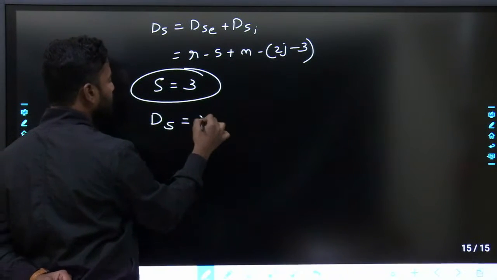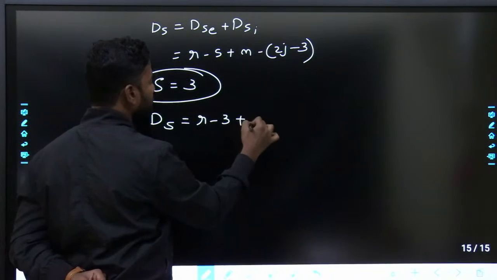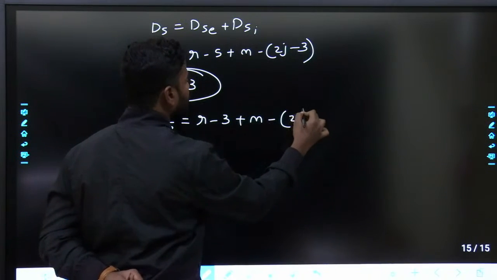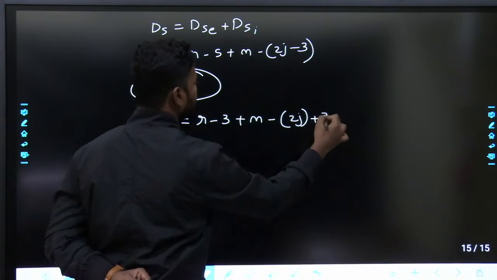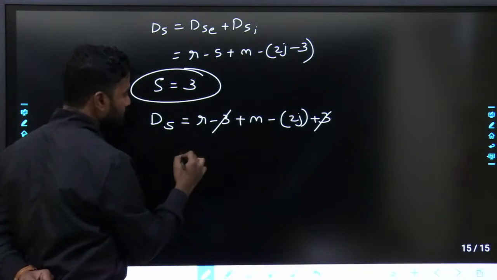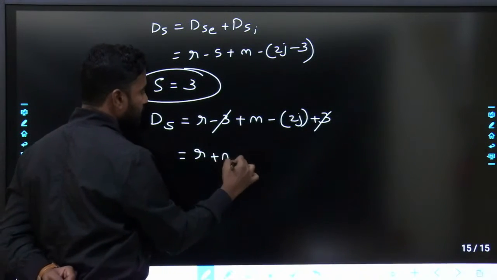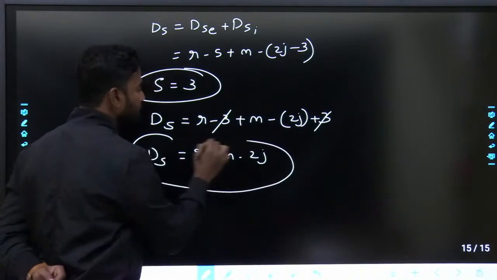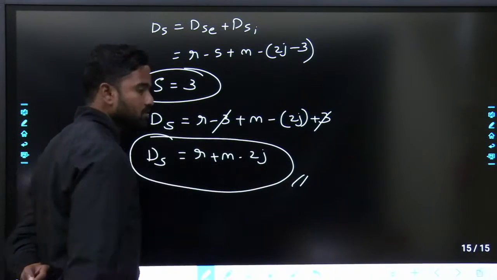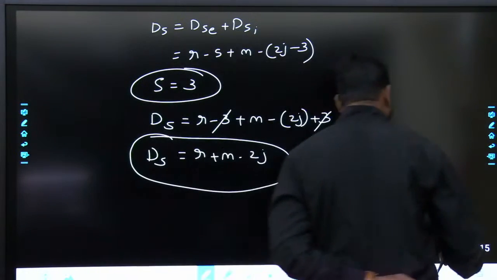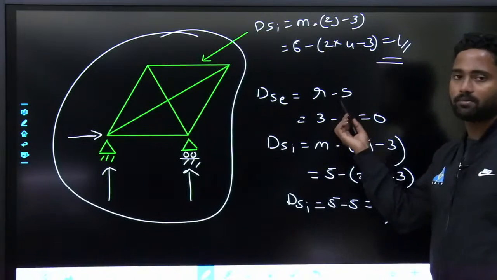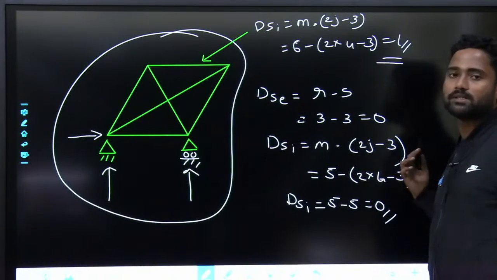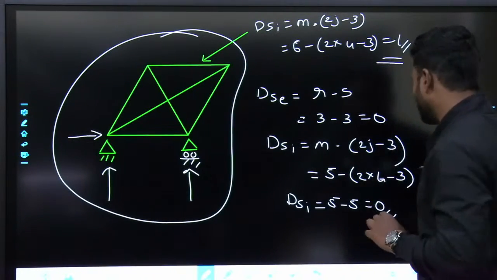In some of the cases you can see r minus 3 plus m minus of 2j plus 3. So I am taking the minus inside. So r plus m minus 2j. This is static indeterminacy. It's up to you if you want to remember this formula, or if you want to remember separately also it is fine. r minus s, m minus of 2j minus 3. It's up to you what you want to do.